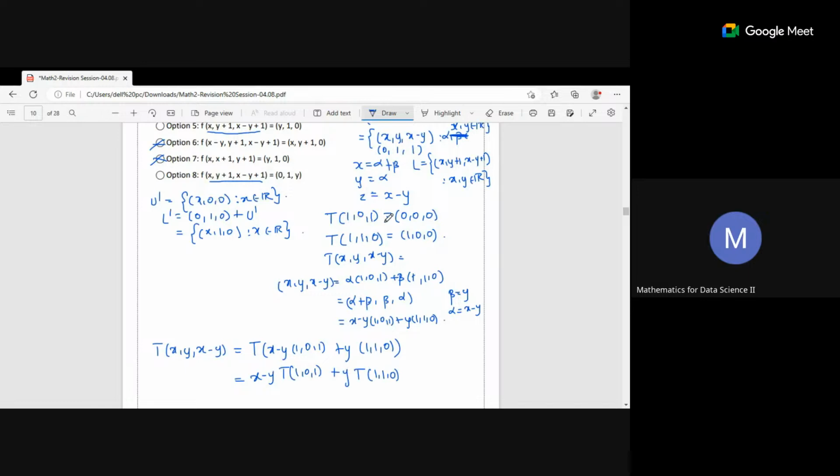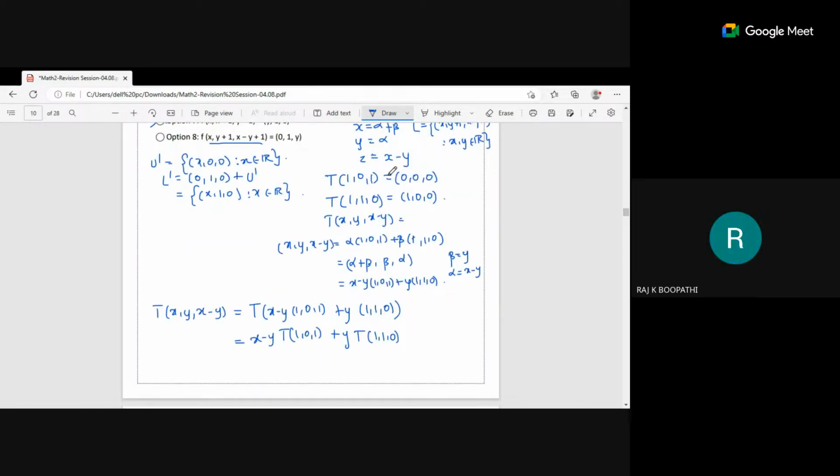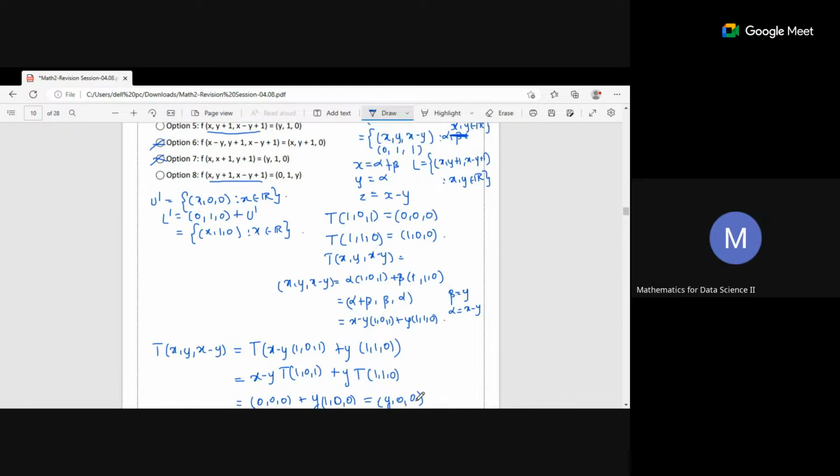Now what is T of (1, 0, 1)? 0. So this is the zero vector, and this is y times (1, 0, 0). So it is simply (y, 0, 0). So your T of (x, y, x minus y) is (y, 0, 0).